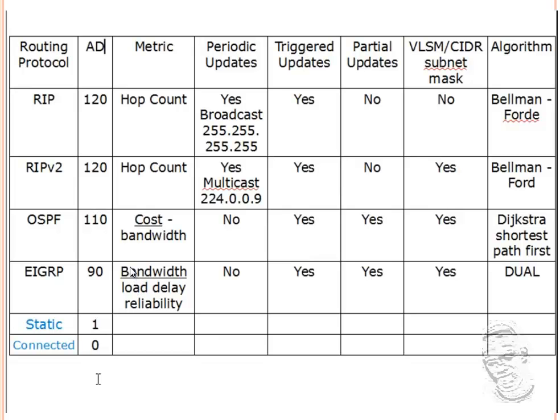But EIGRP could probably be implemented in such a way that if it takes 5 hops or 10 hops to go to Bob, it will take those hops instead, because it will take into consideration the bandwidth. So for example, RIP would rather take 3 hops that will take 5 days instead of taking 10 hops that will take only 6 minutes or 6 seconds or something like that.